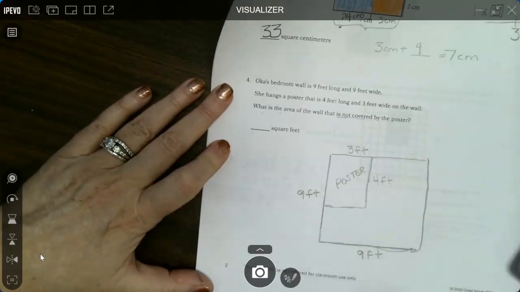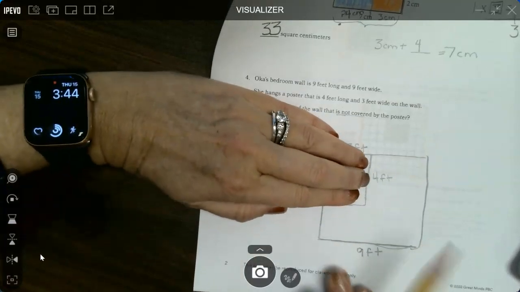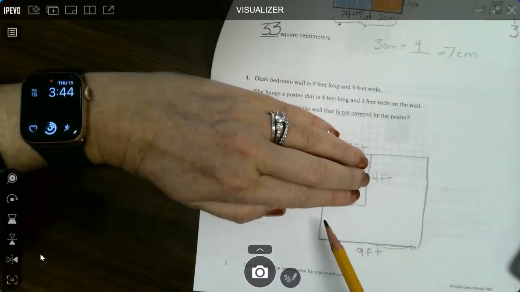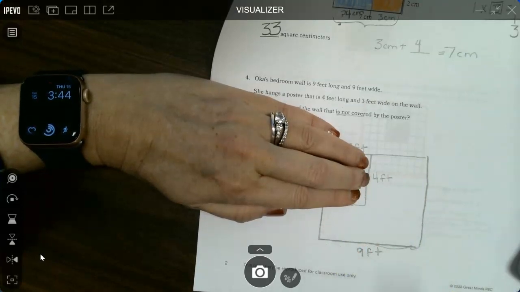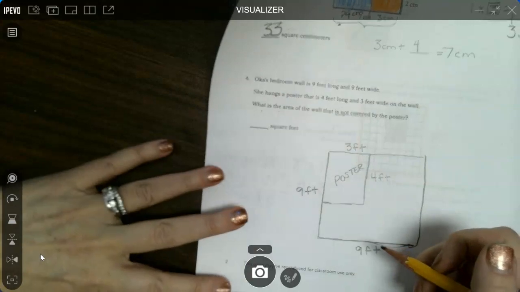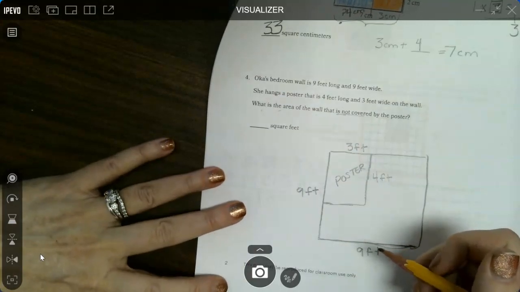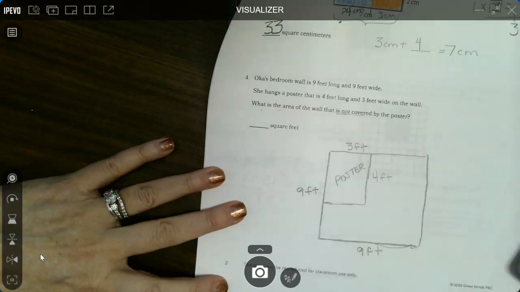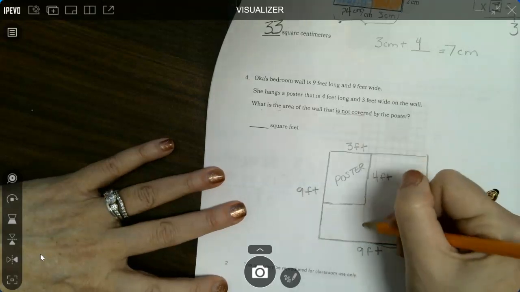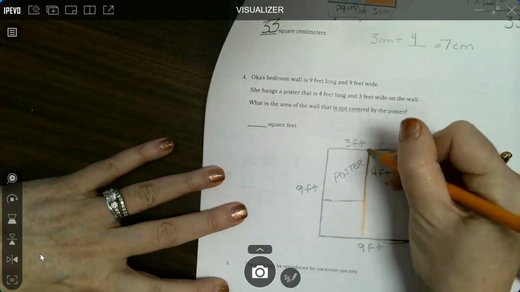So basically, I have made a rectilinear shape. This backwards L type of shape is the shape of her wall that they would like me to find the area of. So again, I can use what I know to solve for this. I'm going to make a portion of her wall that's a rectangle here.